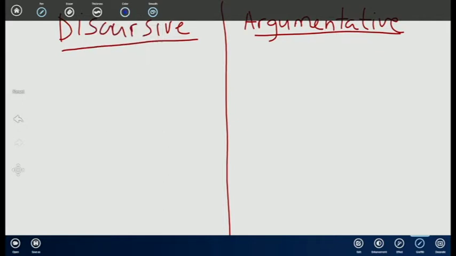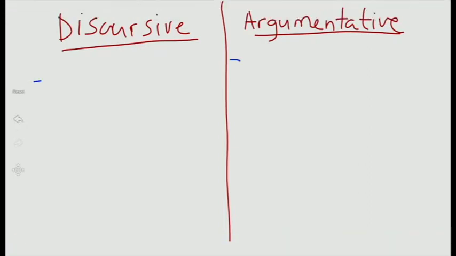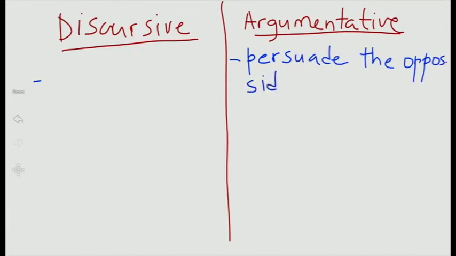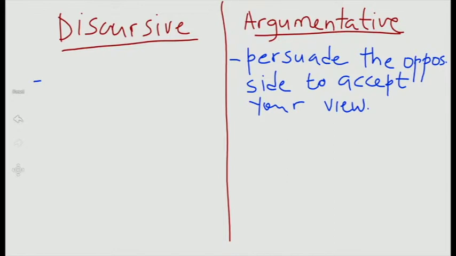All right. So here, with an argumentative, we've already discussed it in the previous lessons. Like I said, you have to give your views with an argumentative. So here, you need to persuade. You'll have to persuade the opposing side to accept your view, which means that the language that you're going to use will be persuasive language, language that persuades.